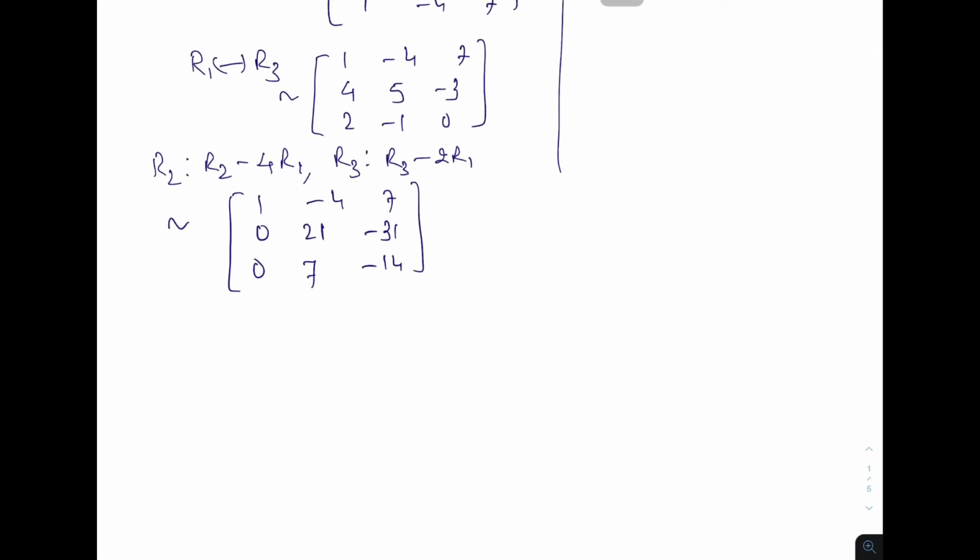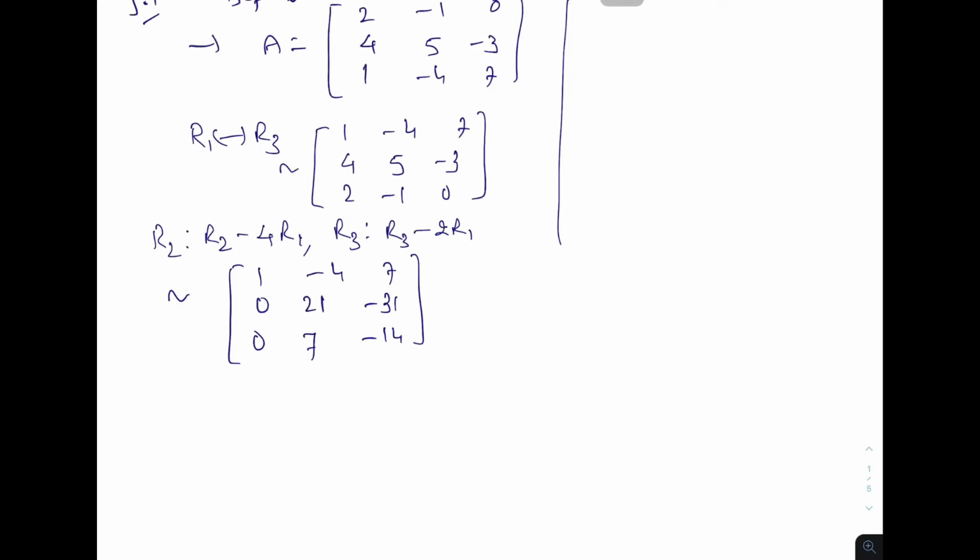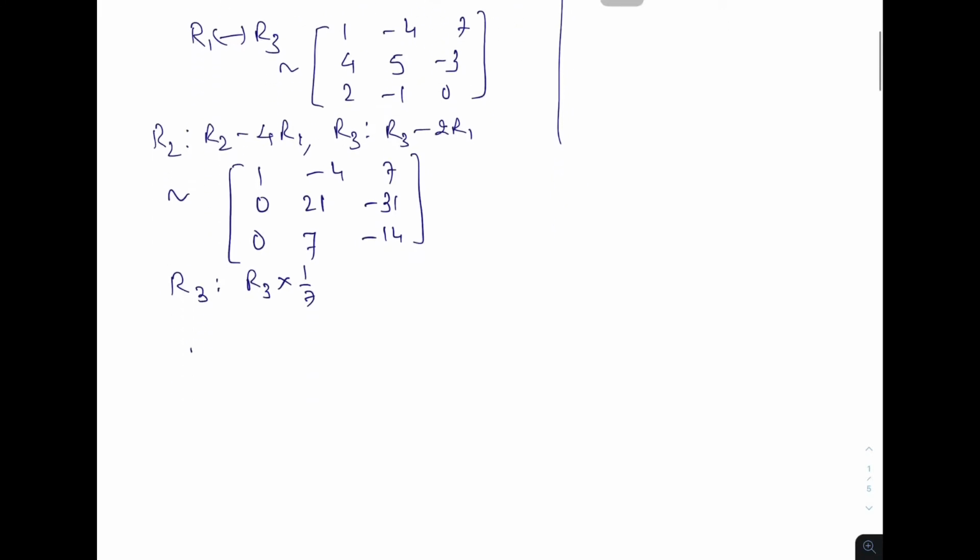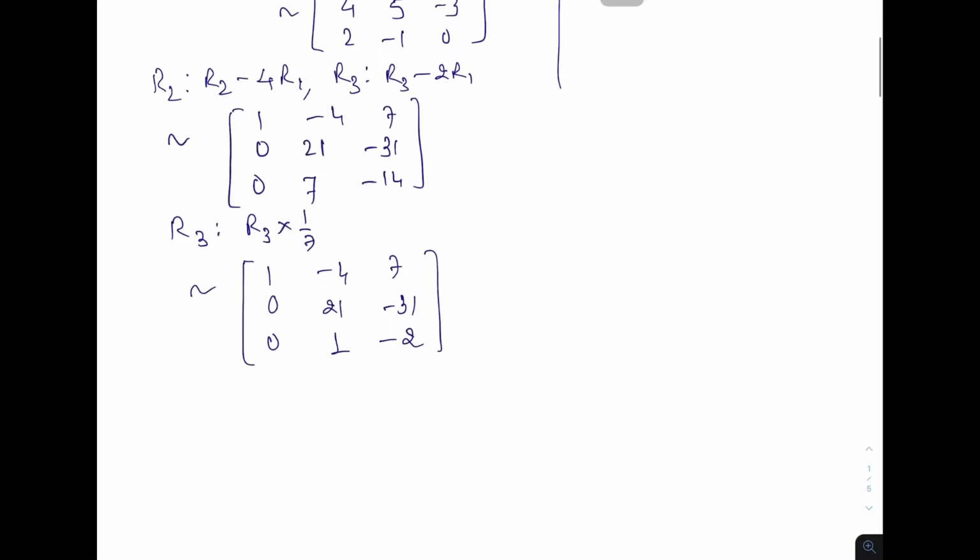So now what we should do here is, this 7 and -14, so we can divide R3 by 7, so that we are having 1, -4, 7, 0, 21, -31, 0, 1 and -2, and interchange R2 and R3.